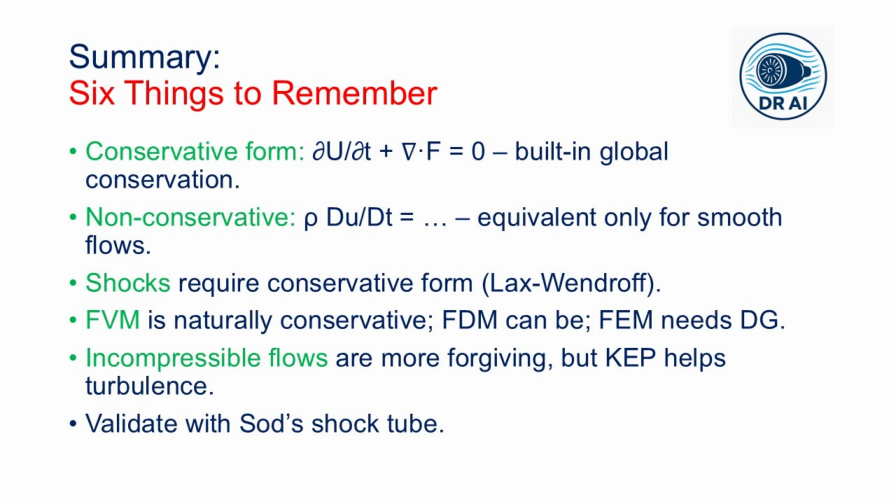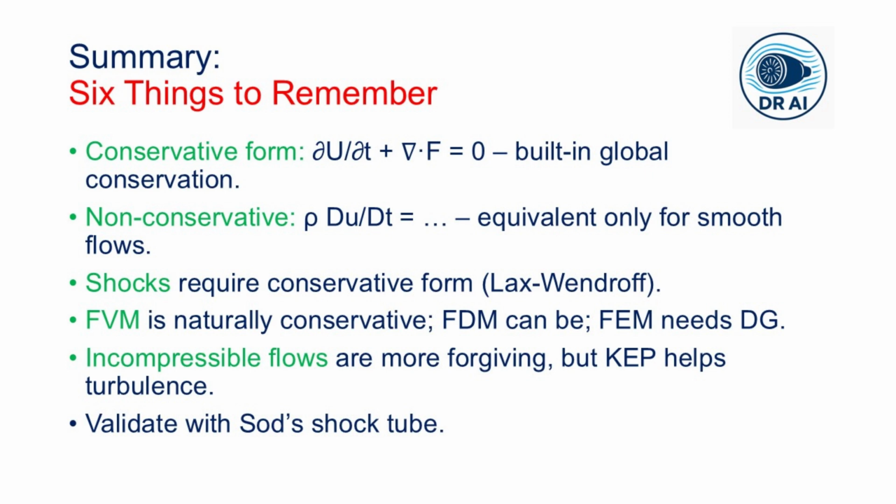So it guarantees that mass, momentum, and energy are conserved globally, which is the telescoping property. The third is that for flows with shock waves, the conservative form is mandatory. The Lax-Wendroff theorem proves that only conservative schemes are guaranteed to converge to the correct weak solution with the right shock jumps. Non-conservative schemes, on the other hand, can converge to the wrong solutions.